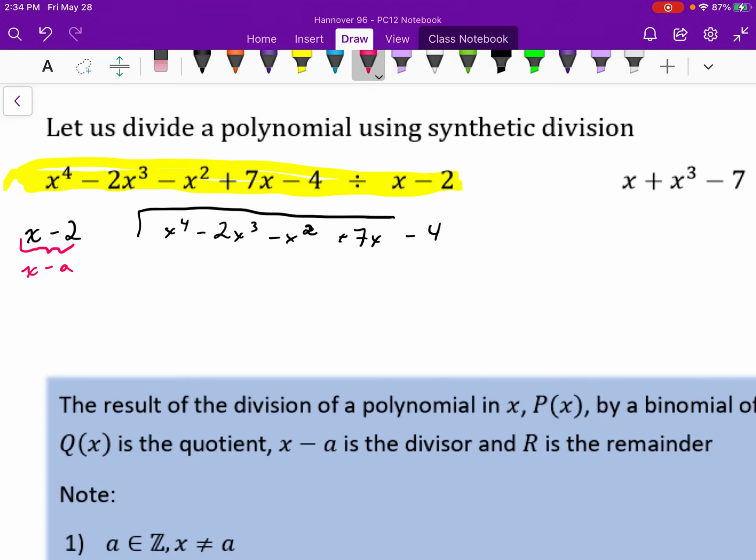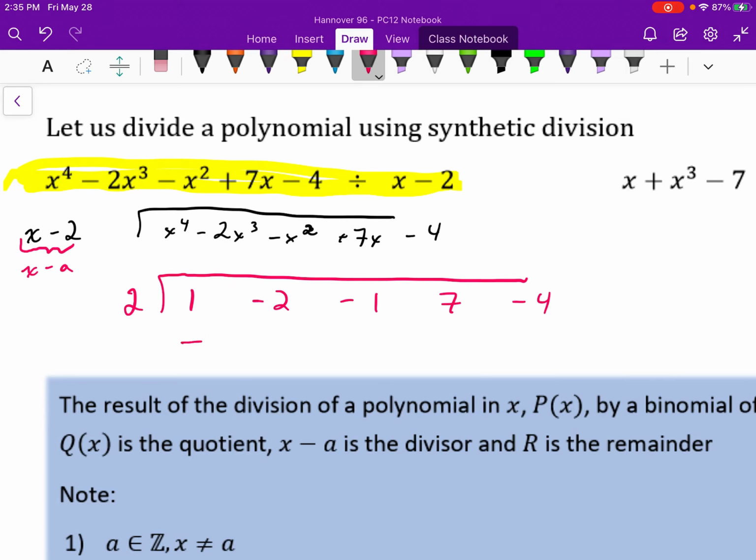If our divisor is in x minus a form, then synthetic division has a in front. Since my divisor is x minus 2, 2 will go in front. And then I simply write down my coefficients in descending order and make sure that I got all of them.